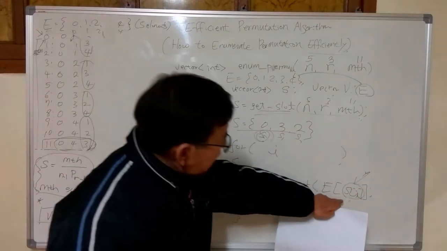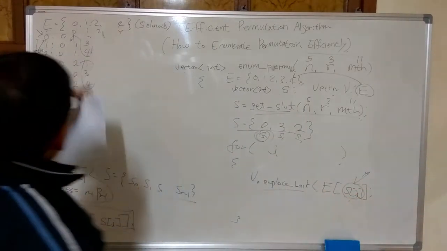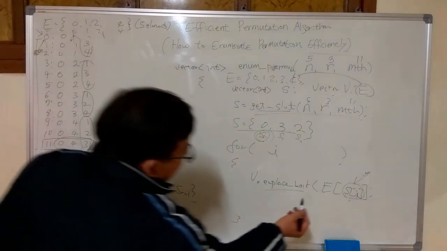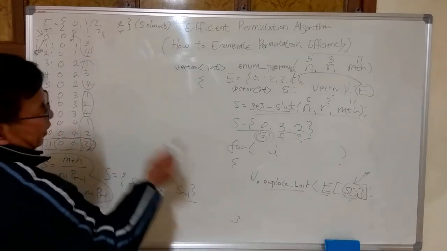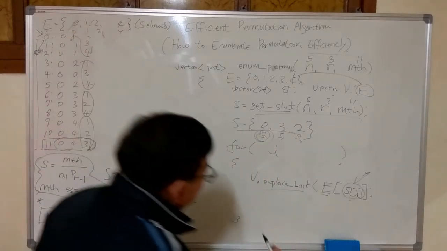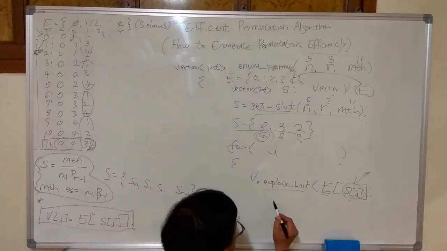Then after putting this, we have to delete the corresponding element. We have to remove that element. For example, if it is choose 0, we have to remove this. How do we do this?